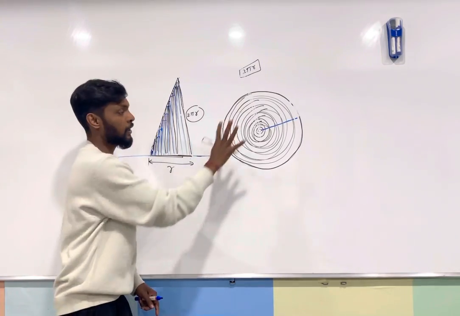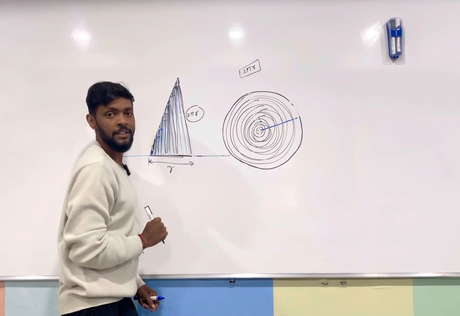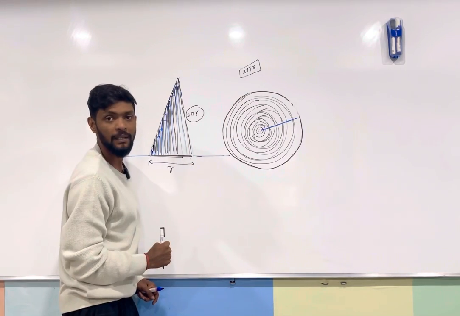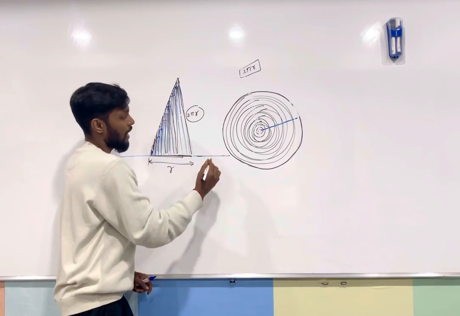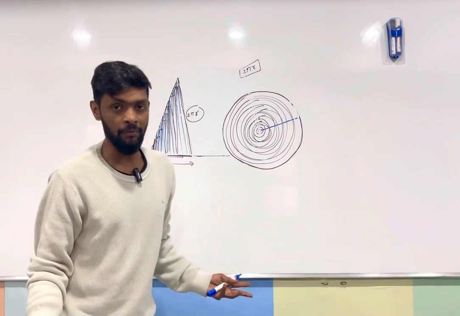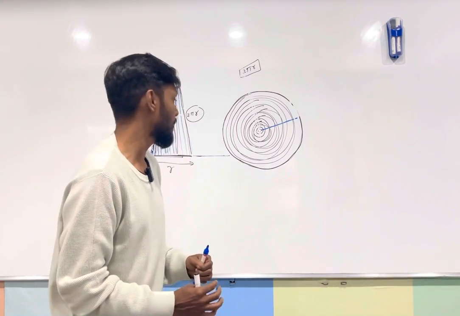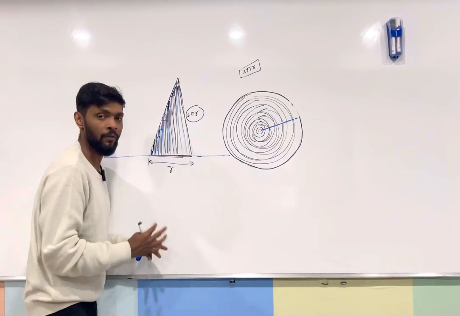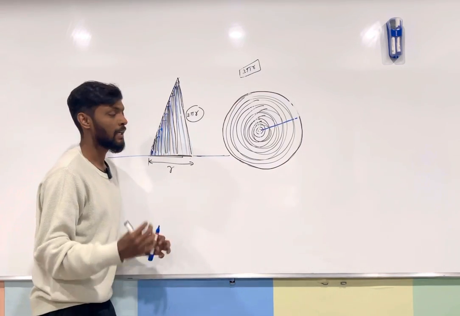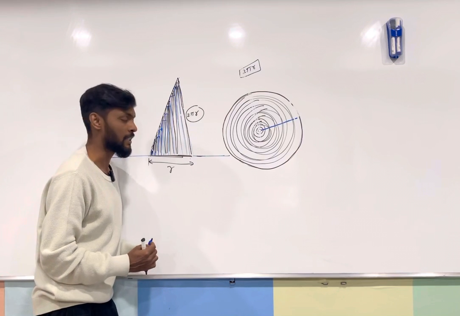Now all the rings are here, the area will be the same. If I calculate this area, that will be exactly the same as this area. If you have passed standard 10th properly, nobody can forget this formula: area of a triangle is half into base into height.